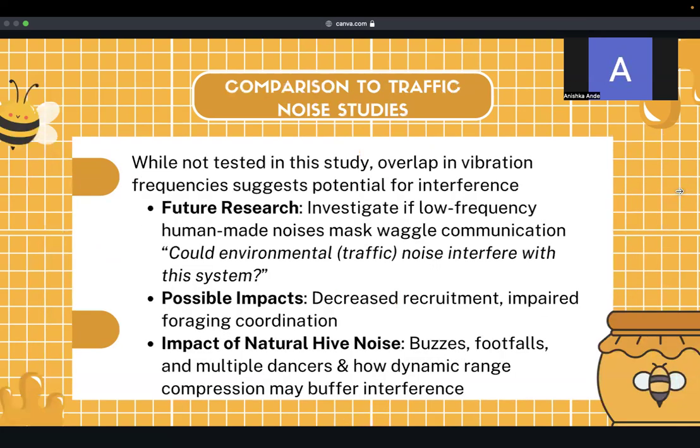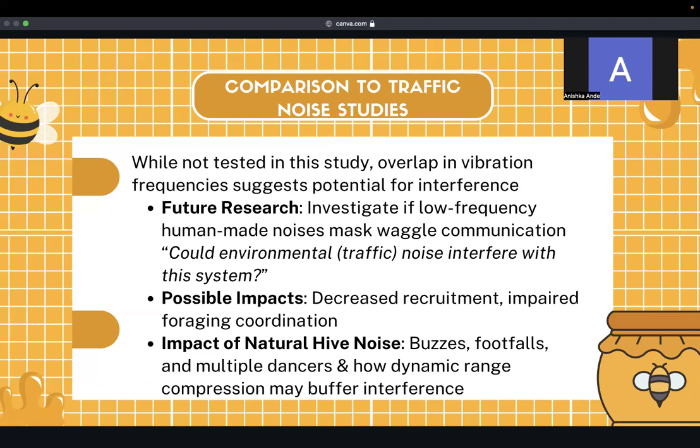This was actually my original study topic that I wanted to look into, because I was very curious how beekeeping is affected in areas that may not have been as populated before but are suddenly becoming more populated. I wanted to see how traffic noise affects bees, but there wasn't enough study on this. So I wanted to include this at the end as potential future research, where we can investigate whether low frequency human-made noises mask waggle dance communication.